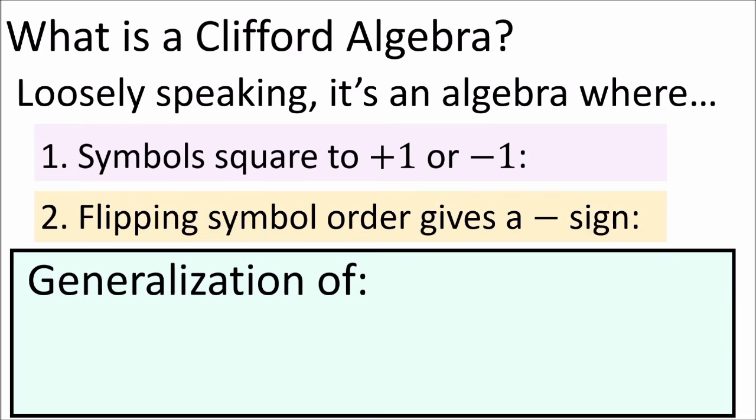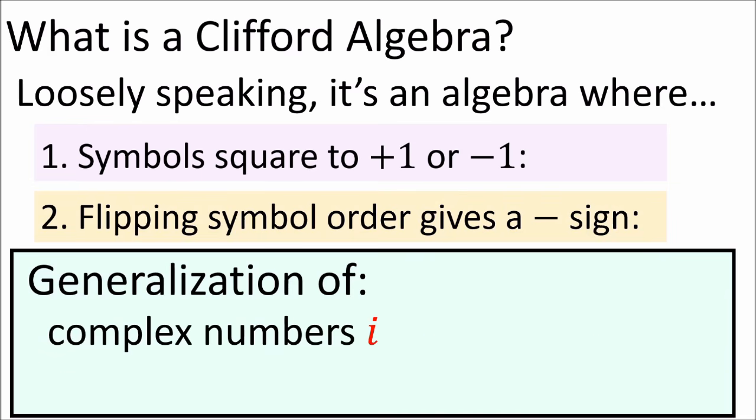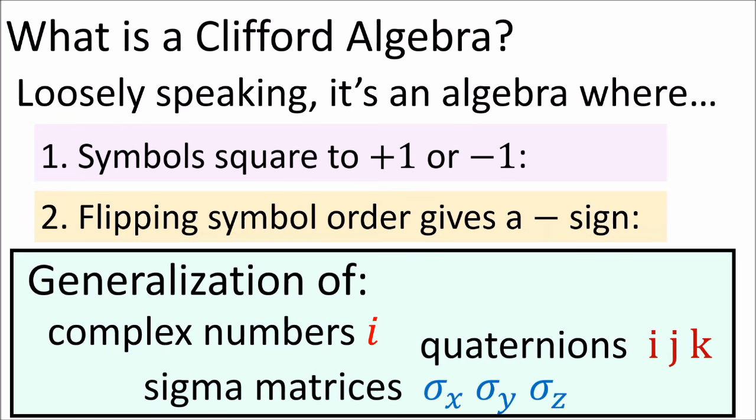We'll soon see that this leads us to the complex numbers, the quaternions, the sigma matrices, and their generalizations. Instead of starting with a formal definition of Clifford algebras, I'm going to go through a few examples, and then I'll give a definition at the end.